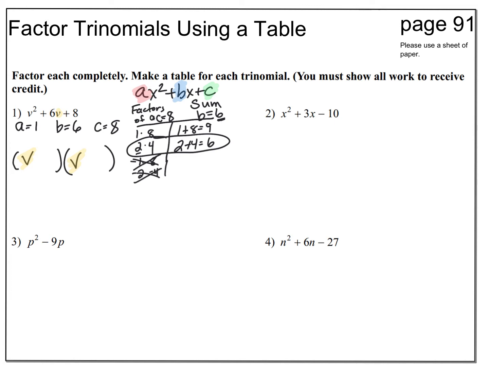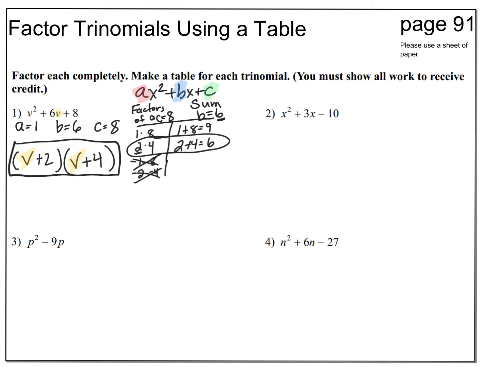Then, this is a positive 2, so you put plus 2. This is a positive 4, so you put plus 4, and that's your answer. So basically what I'm doing here is eliminating the square, the area model. I'm just going straight from the trinomial to the answer, but I'm doing a few little different steps in order to get there.